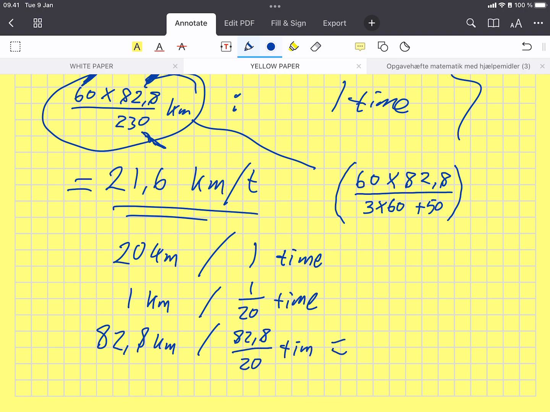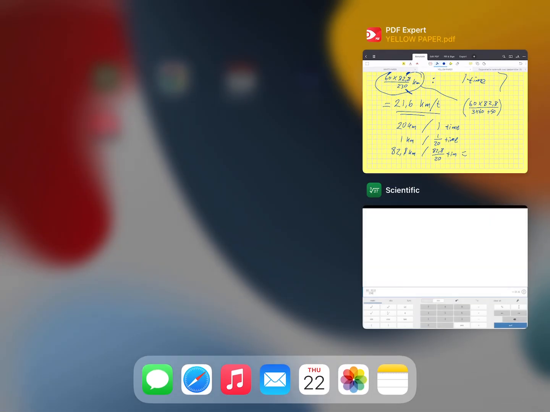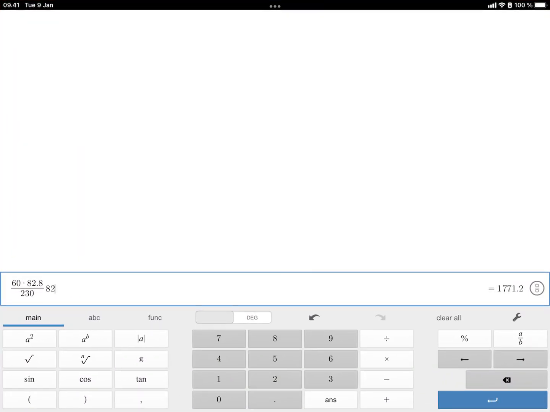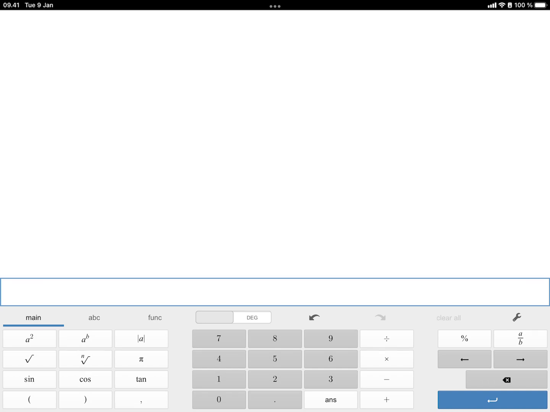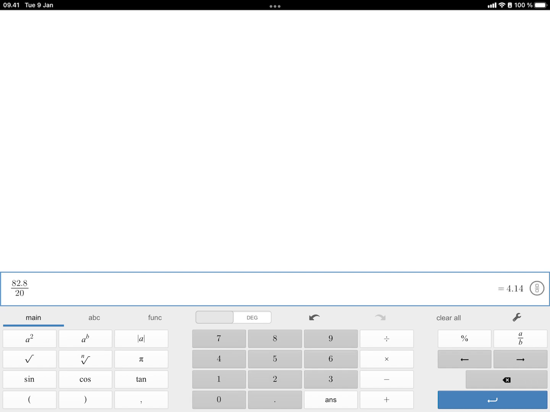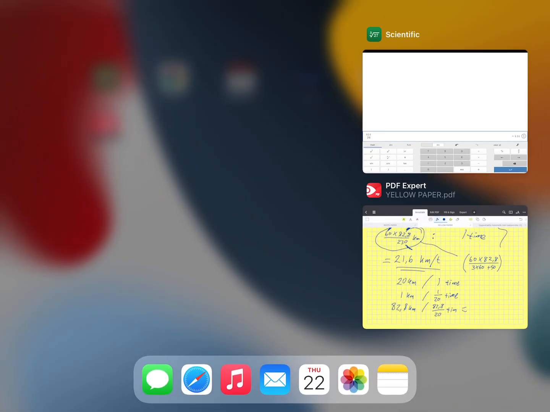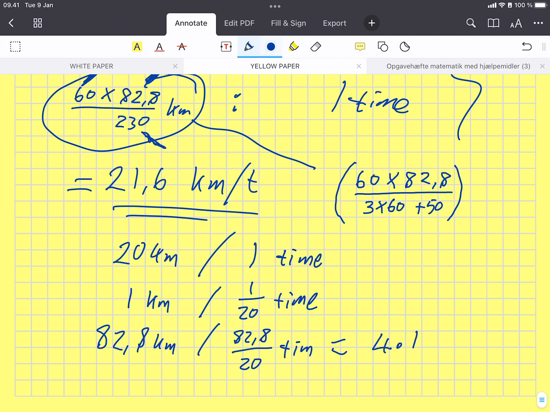And 82.8 divided by 20, if I get onto my calculator, I'll clear all that, 82.8 divided by 20, is 4.14. 4.14 hours, and 0.14 of an hour isn't 14 minutes because there aren't 100 minutes in an hour.